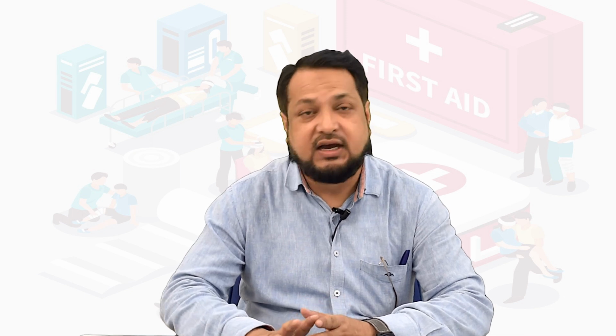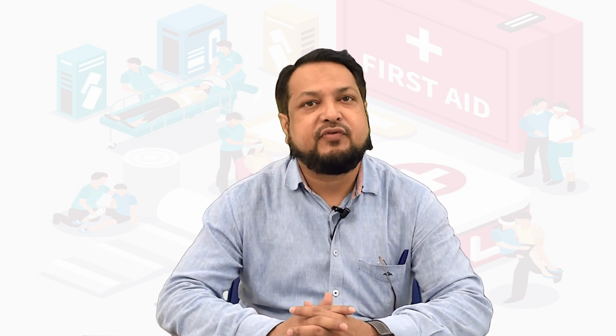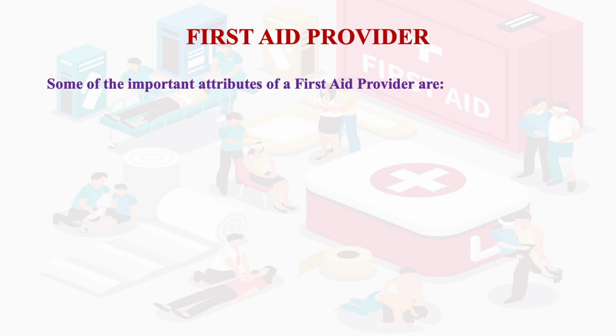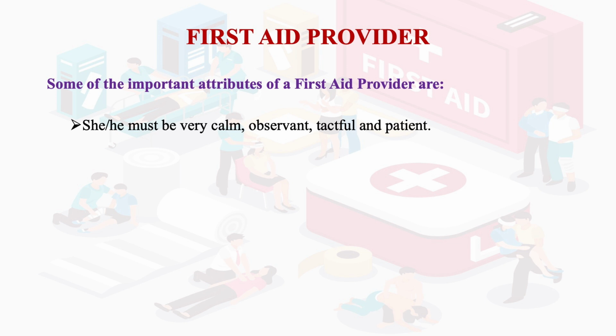First aid provider. Who the first aid providers are? First aid provider is an important and key link in preventing further injury and shifting the victim to a suitable medical institution. Some of the important attributes of a first aid provider are: he or she must be very calm, observant, tactful, and patient.